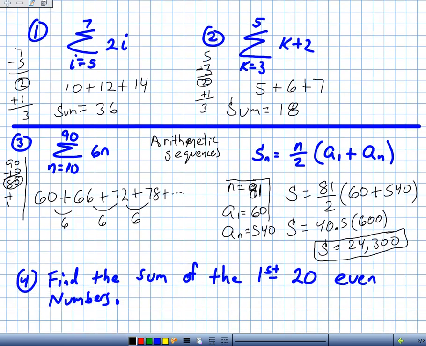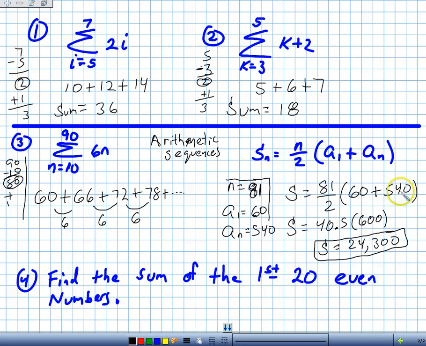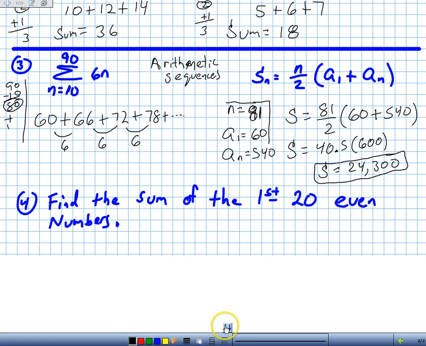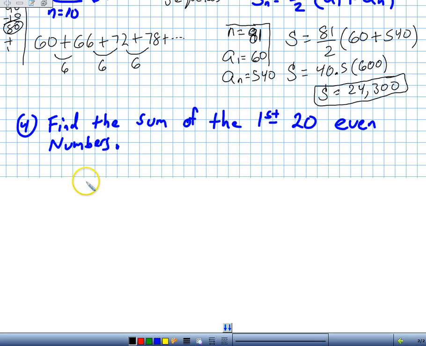All right, let's go to this last example. In this last example, I'm asking to find the sum of the first 20 even numbers. Okay, let's see what they look like. 2 plus 4 plus 6 plus all the way till I get to the 20th term.